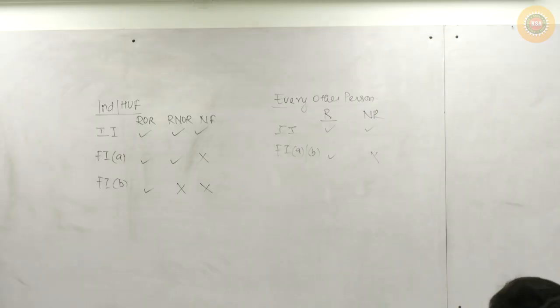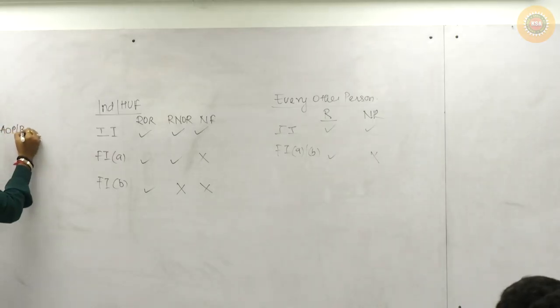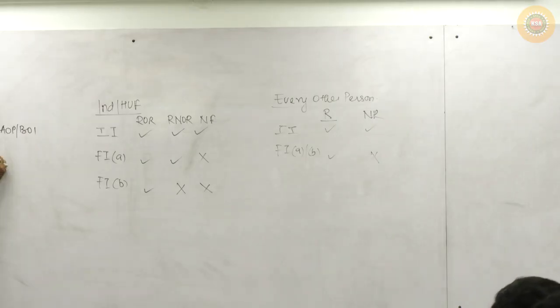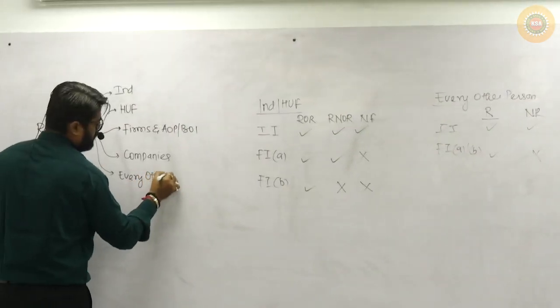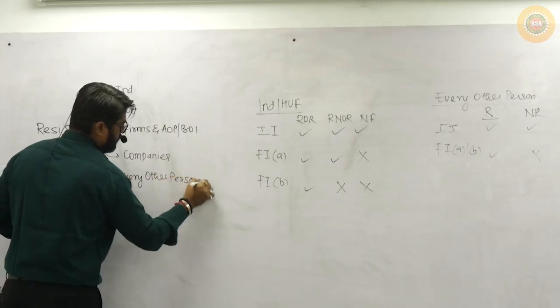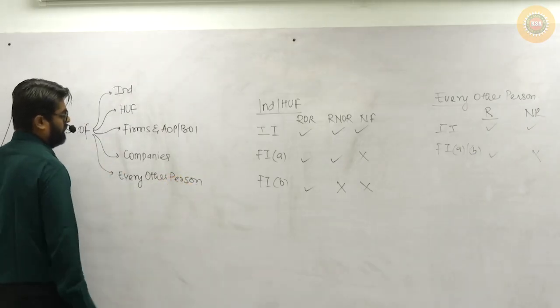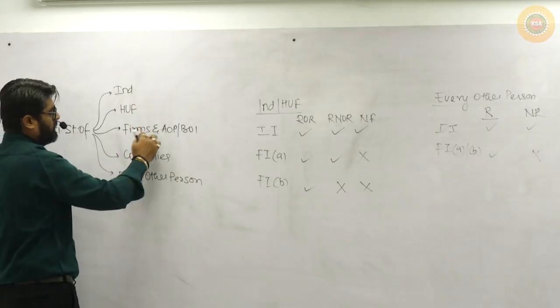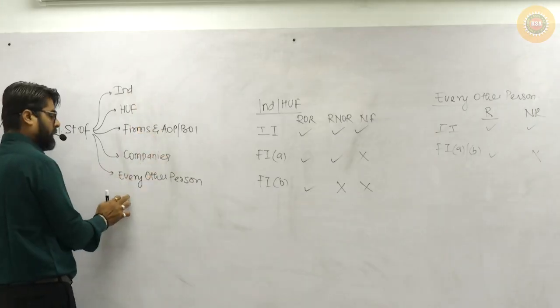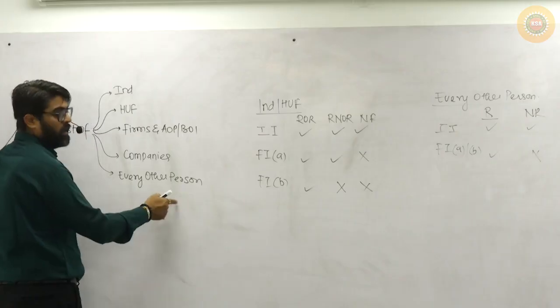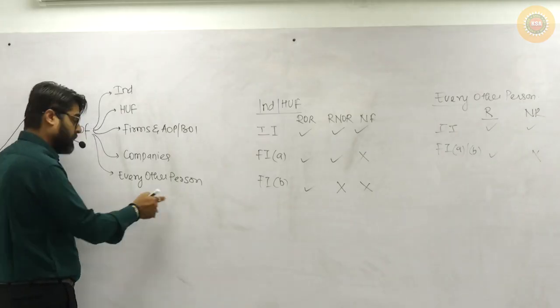Then residential status for firms and AOP or BOI. Then residential status for companies. Then residential status for every other person. Every other person, who is remaining now? See, individual covered, HUF covered, firms covered, AOP, BOI covered, companies covered. Who will be covered here? Local authorities and AJPs. Okay.